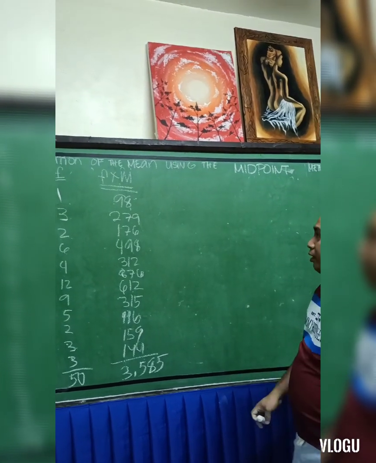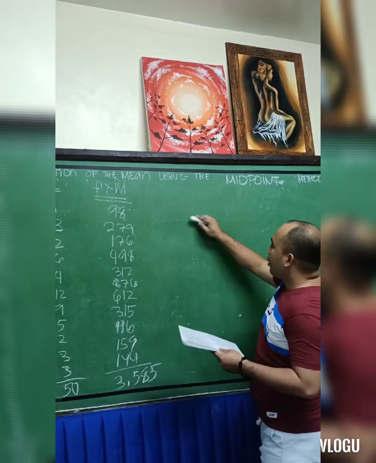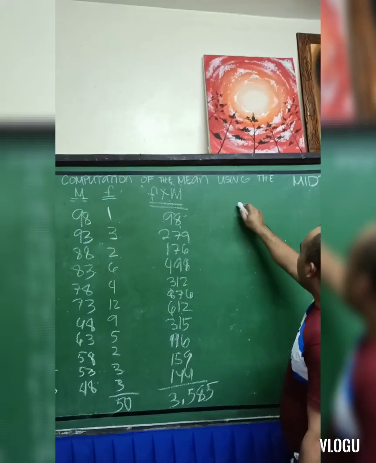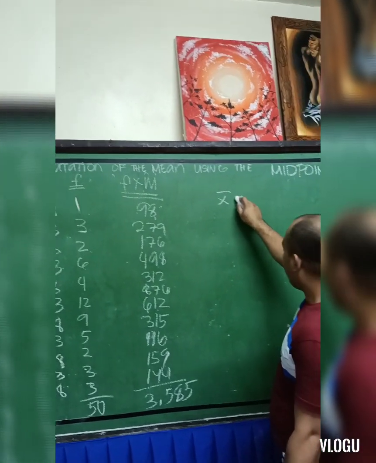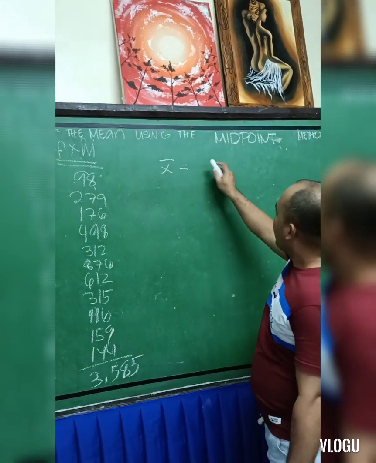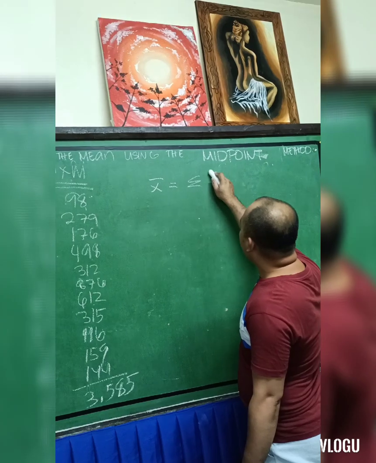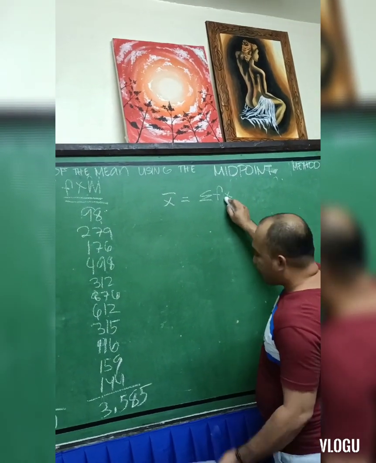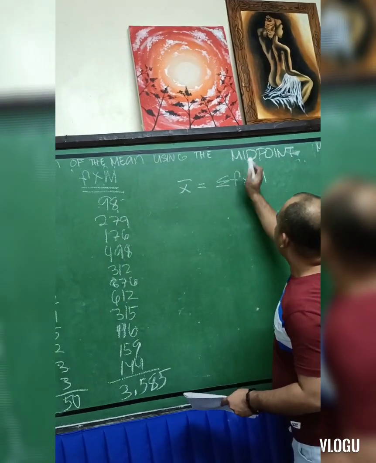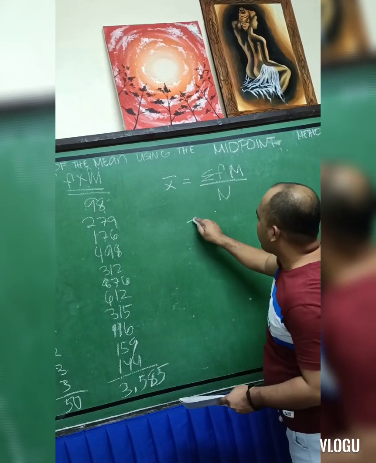Now, using our formula in the midpoint method for getting the mean from grouped data, our formula for the arithmetic mean is equal to the summation of the product of frequency times the midpoint, divided by the number of cases.